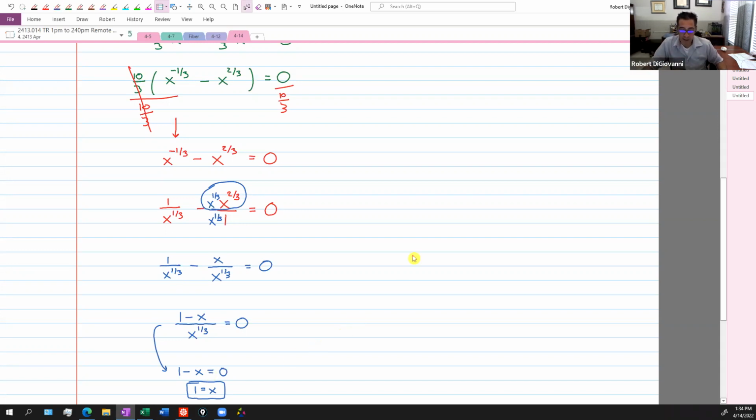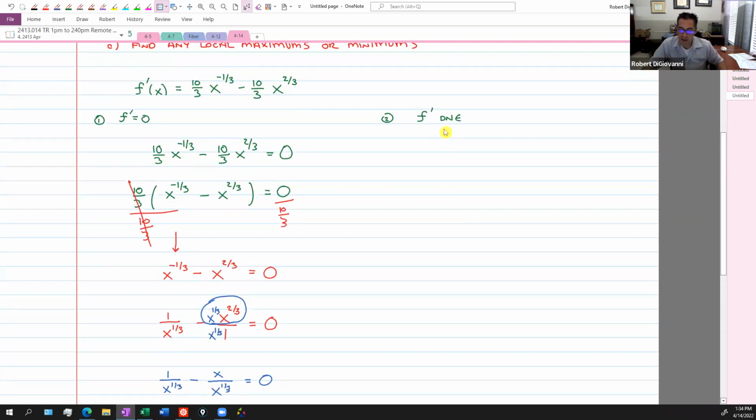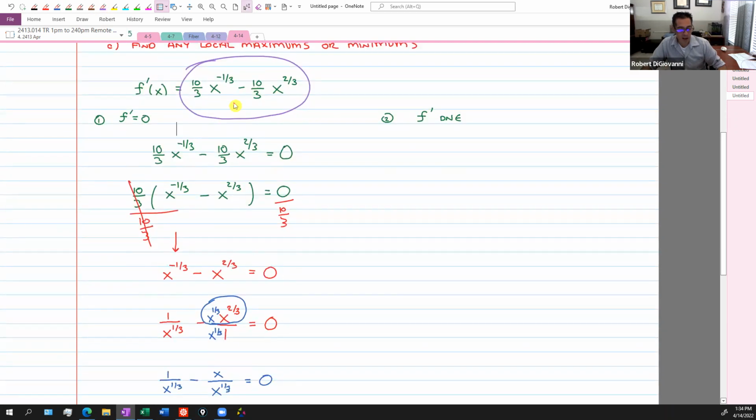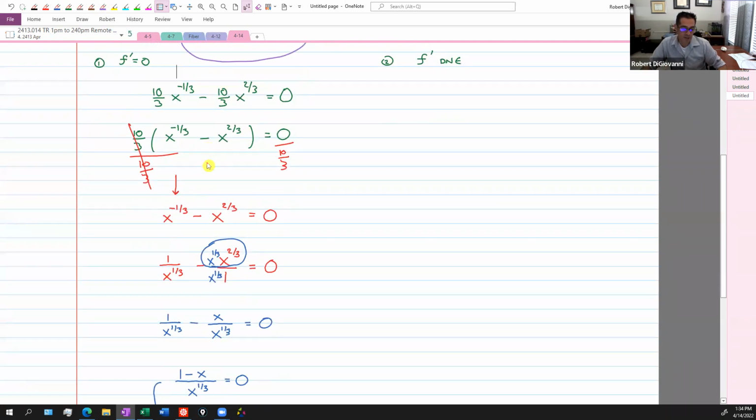The next thing I need to do, don't forget about this, is figure out where the derivative doesn't exist. So here's my derivative. I did a lot of algebra here, didn't I? I could do that similar algebra, but because I don't have an equal 0 here, I'm going to bring that 10/3 out like we did before.